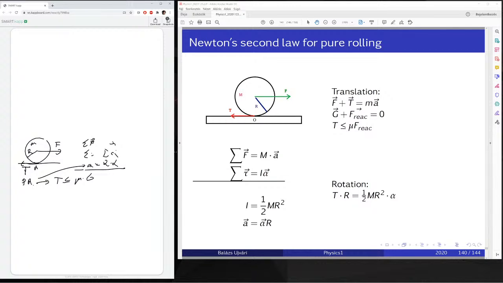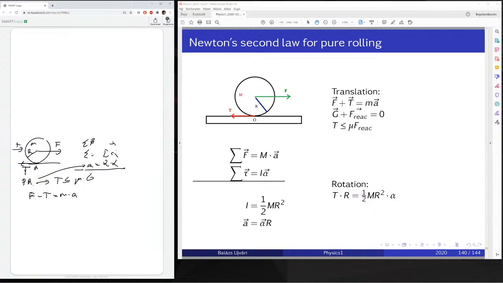Let's solve it by assuming that this is a pure rolling. Sum of the F is F minus T equal m times a. The right is the plus direction, the force goes to the right, and the static friction tries to stop it, so it will have a negative sign.